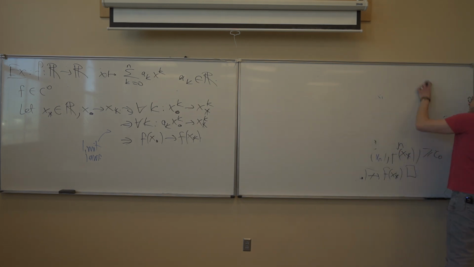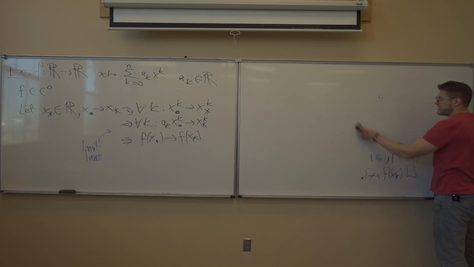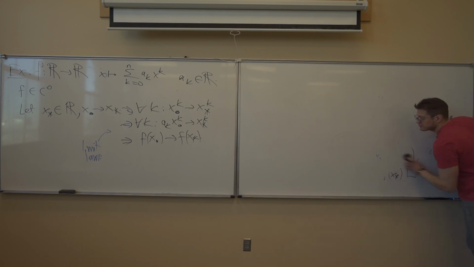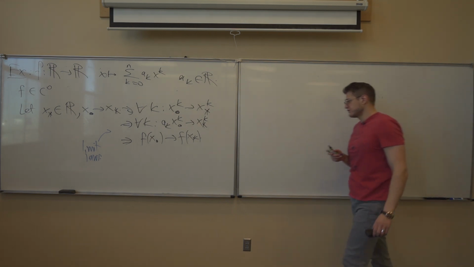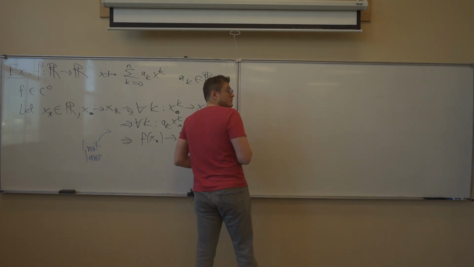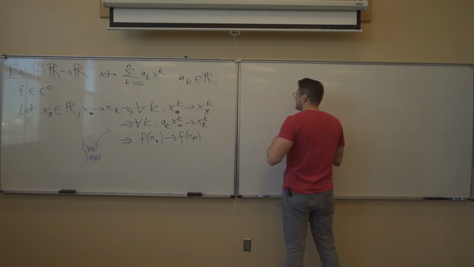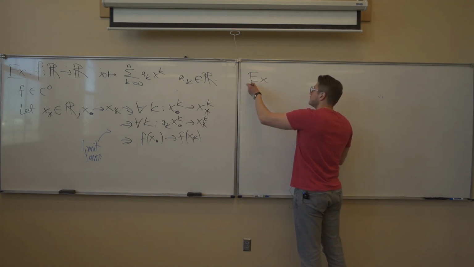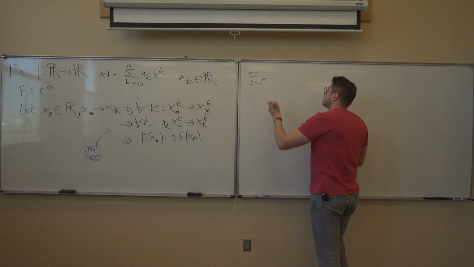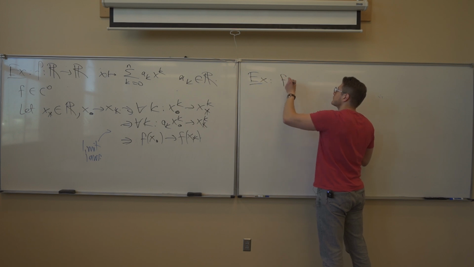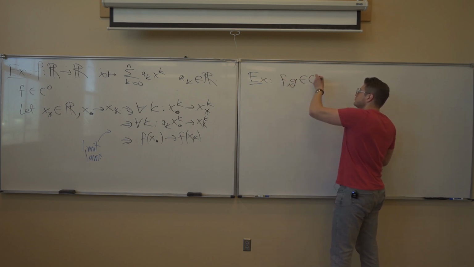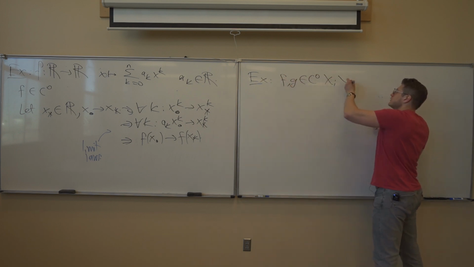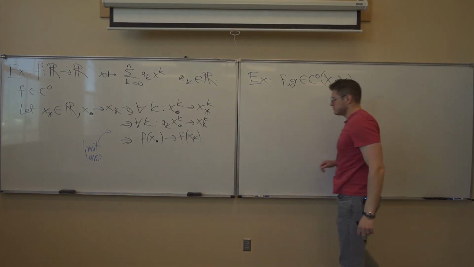And so again, using these limit laws, I can say that the sum of continuous functions is continuous. Product of continuous functions is continuous. A scalar multiple of a continuous function is continuous, and so on. Maybe let's write those down. Let's say I have two functions that are continuous from x to y.